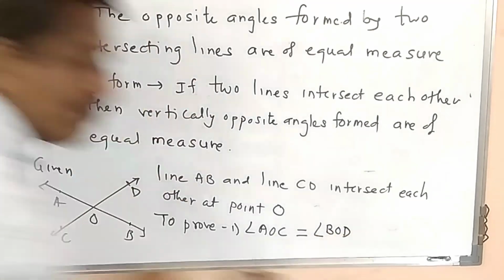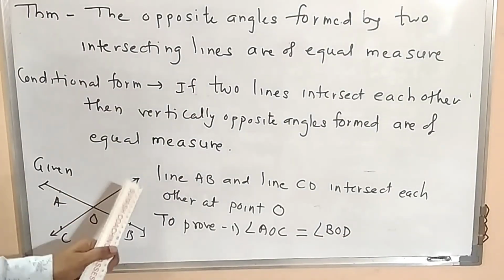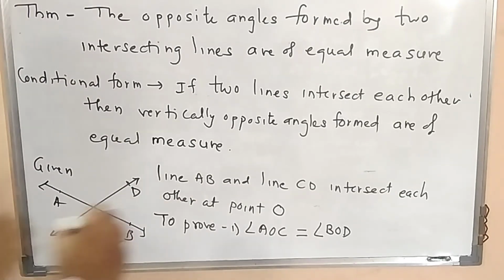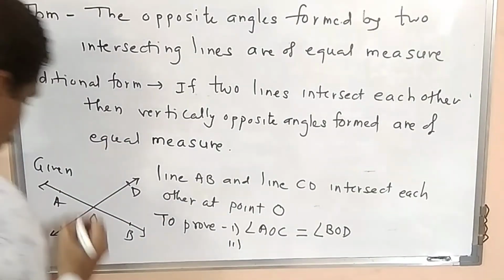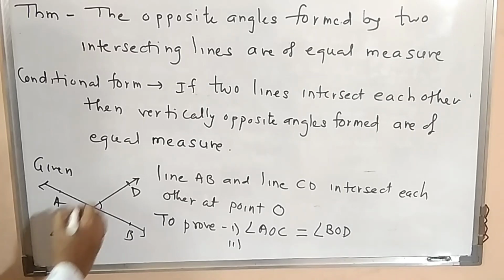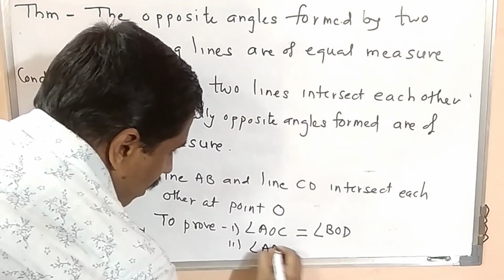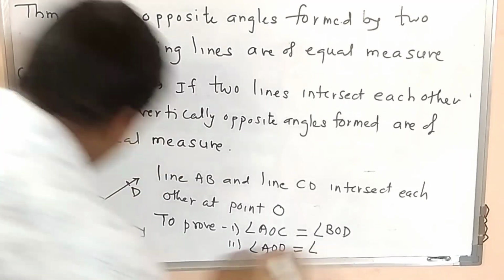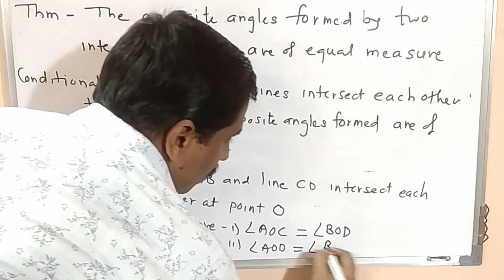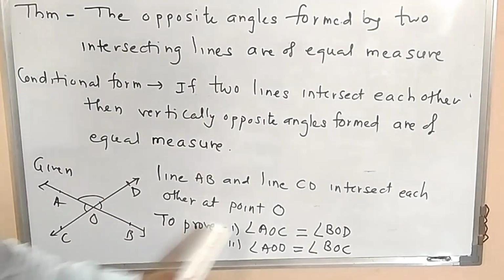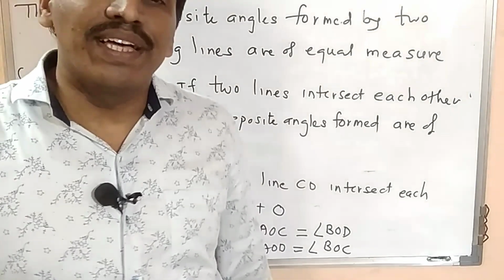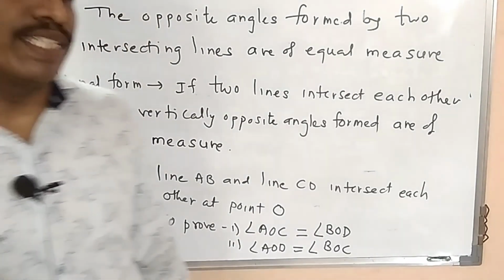This is one pair of opposite angles. Second pair, this one is equal to this. Now this one, angle AOD is equal to angle BOC. So this I have to prove using logical reasoning.